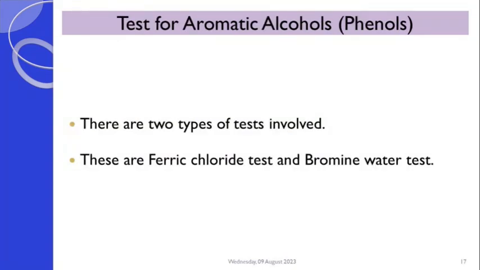Now let us look at how we can test for aromatic alcohols, phenols. In the introduction, we said that there are 2 types of tests that we can do for aromatic alcohols. The 2 tests are the ferric chloride test and the bromine water test.